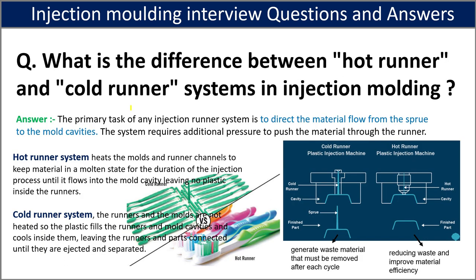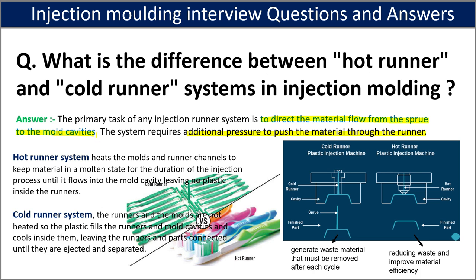Okay, what is the difference between hot runner and cold runner system in injection molding? The primary task of any injection runner system is to direct the material flow from the screw to the mold cavity.